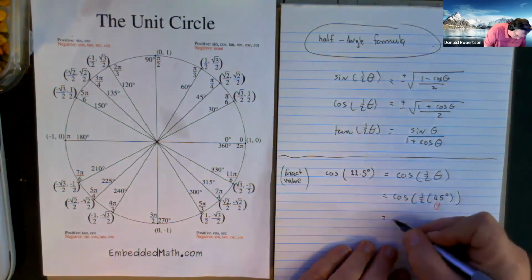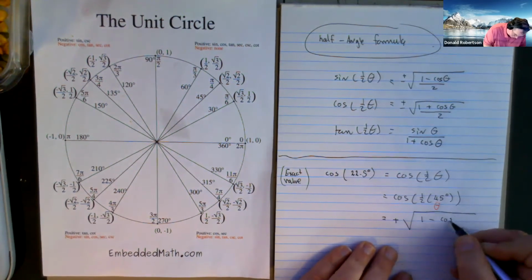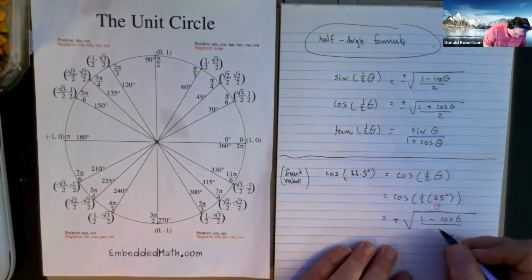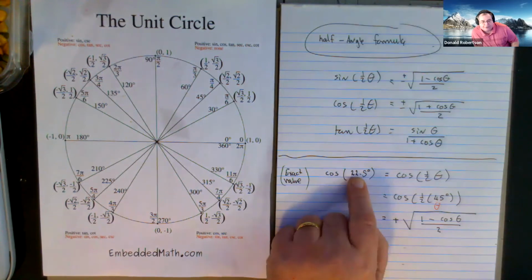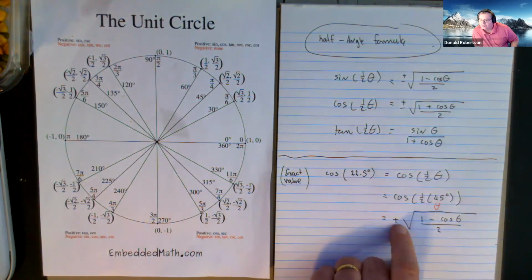That's why I know I'm going to use that one. If this angle here was 95.5 degrees, wouldn't I say, oh, you're in the second quadrant, cosines are negative in the second quadrant, so I would have chosen negative there.